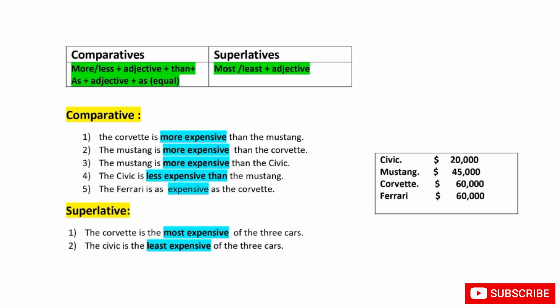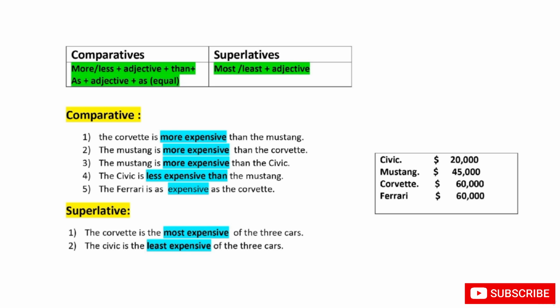To understand these, we're going to take the example of some popular cars: the Honda Civic, the Ford Mustang, and the Chevrolet Corvette. Let's say that the Civic is $20,000, the Mustang is $45,000, and the Corvette is $60,000. Now let's compare these cars using the adjective expensive.